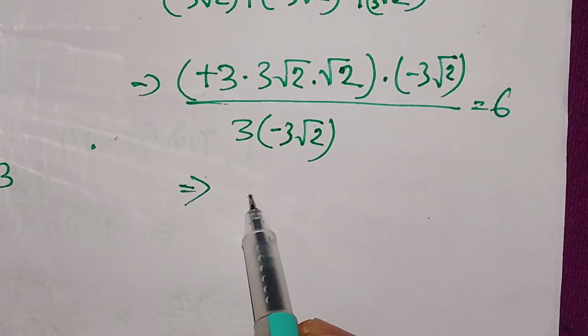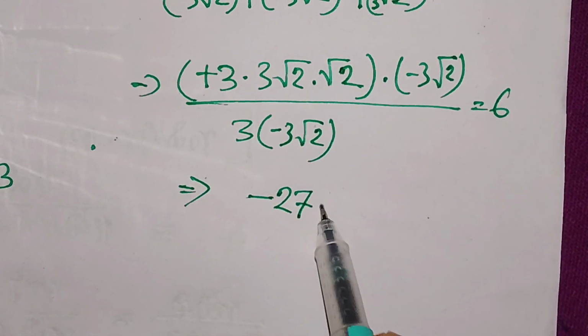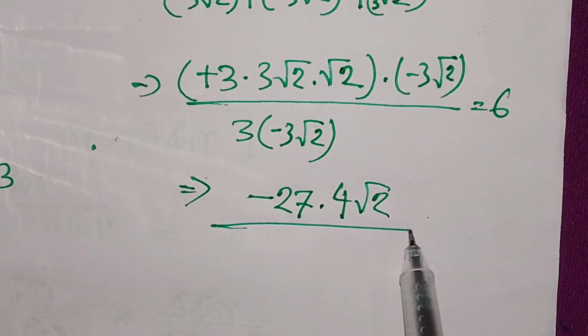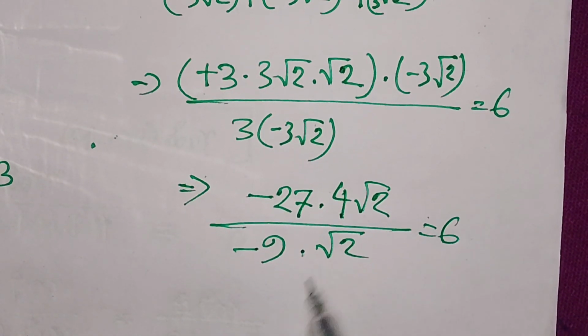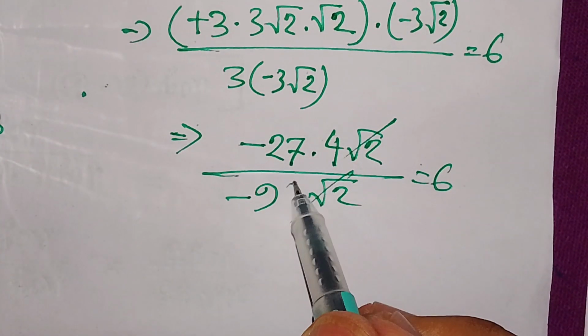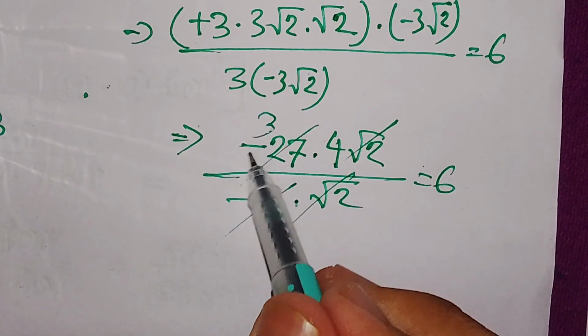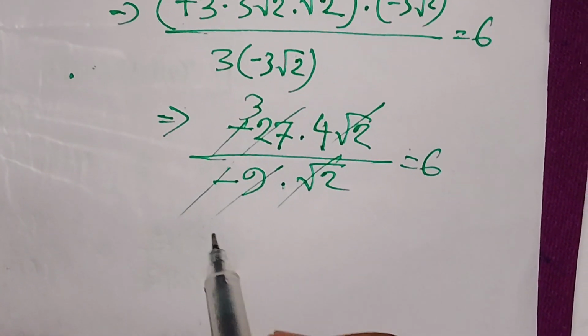After that we can write minus 27 times 4 root 2 divided by minus 9 times root 2 equals 6. So from here this and this will be cancelled out, and this will be cancelled out, 3 and this will be cancelled out.